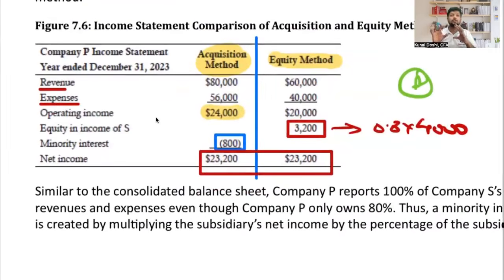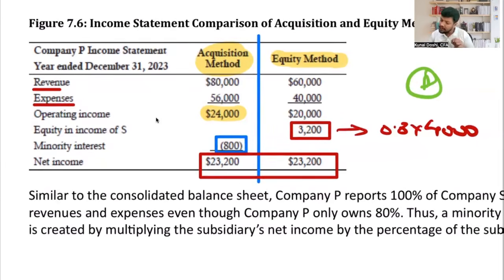In the income statement also, you will see that under the acquisition method, we consolidate the revenue of both the companies, expenses of both the companies. So the total revenue and expenses look higher, but the net income is the same under both methods.